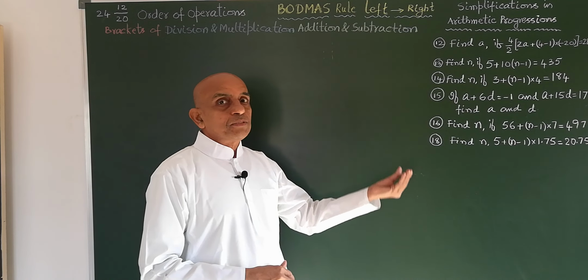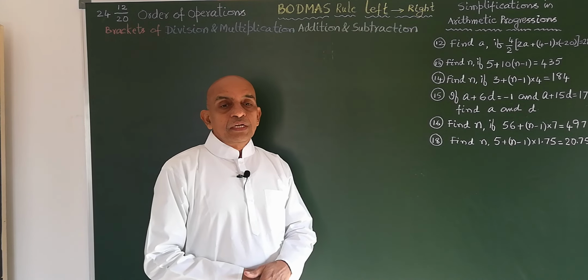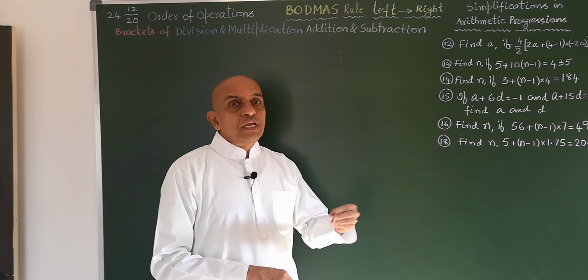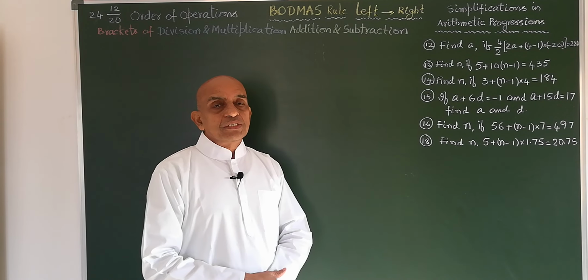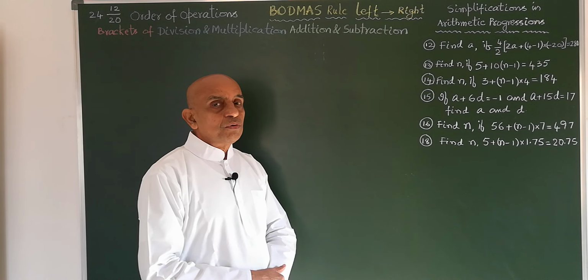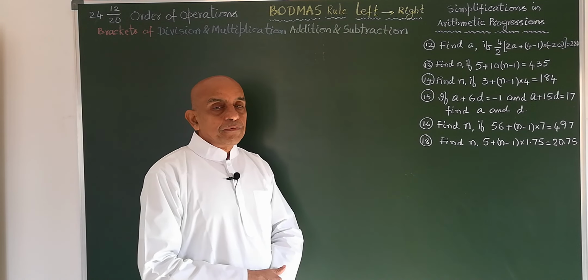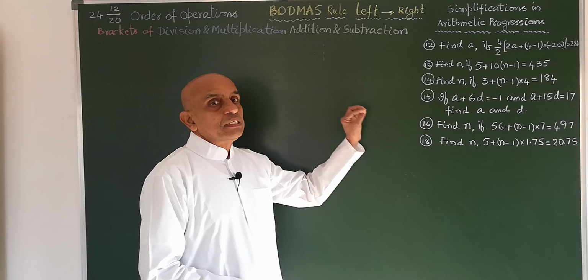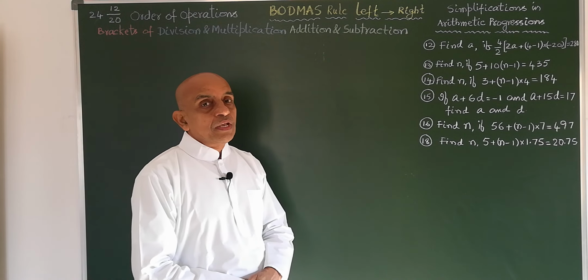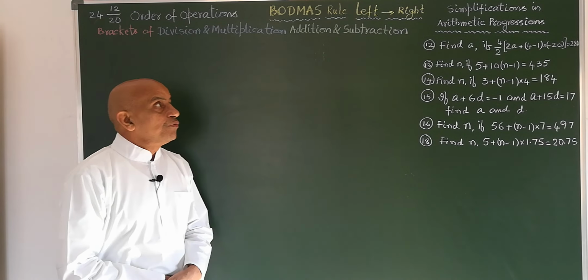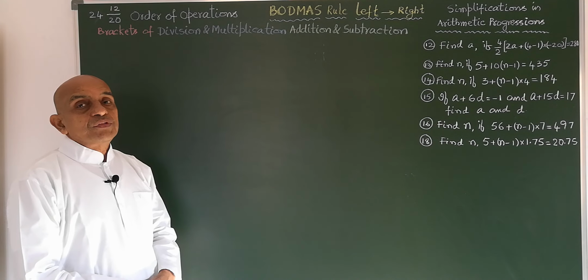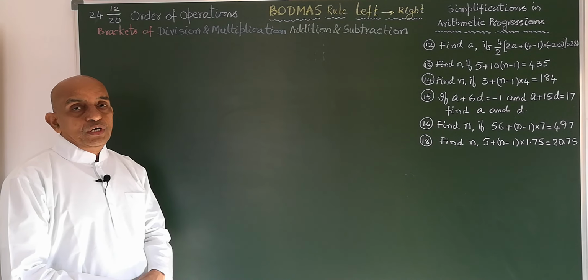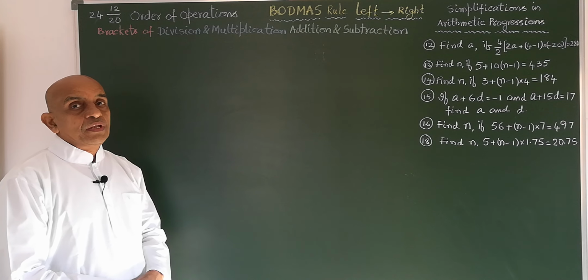When they come to the last part of simplification, they assume that the children know the basic simplification skills. Now, in 1 or 2 sessions, I am focusing on the basic simplification skills. In the last video, we have seen the order of operations of the numerical problems, numerical sums.